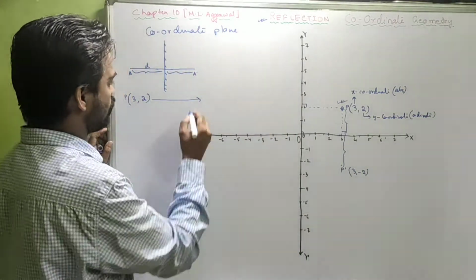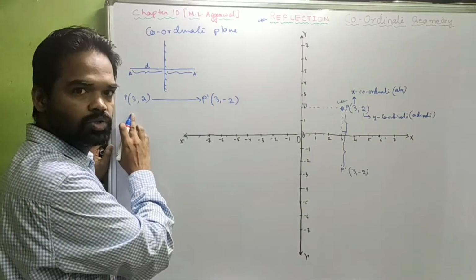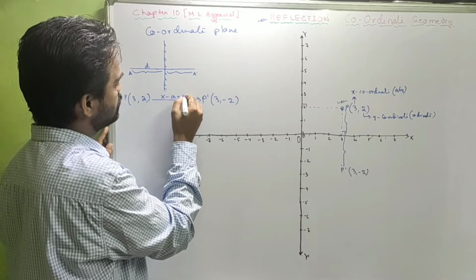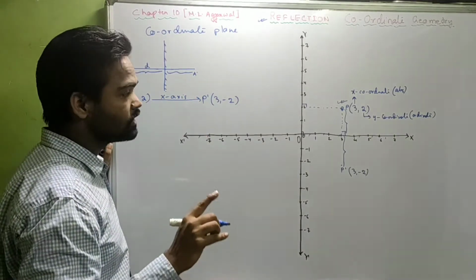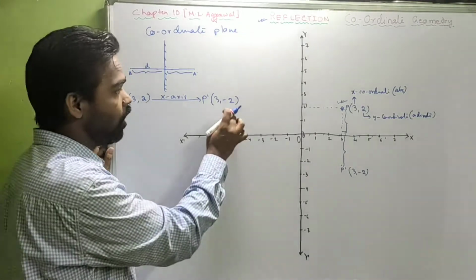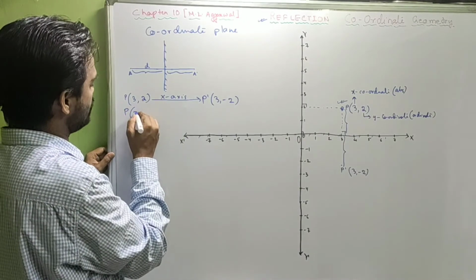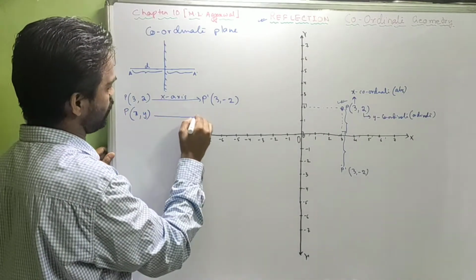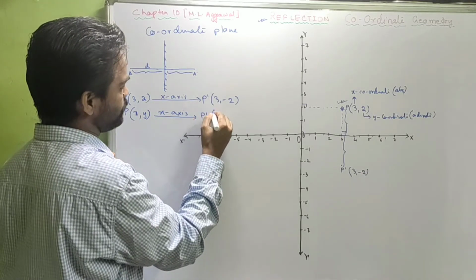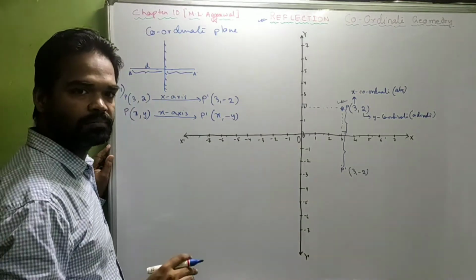When a point P (3, 2) is reflected in the x-axis, the coordinate of the image is (3, -2), which means the sign of the ordinate is changing. So we can say that if a point P (x, y) is reflected on the x-axis, then P dash will be (x, -y). This is number 1.